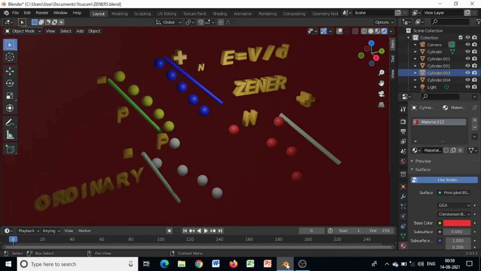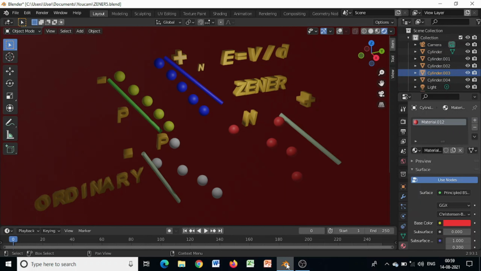But look at that, the doping concentration being very high in the Zener diode, the width in which the electrons are available is very small here. The same number is available in a larger width due to lower doping concentration. This is the difference between these two pictures.